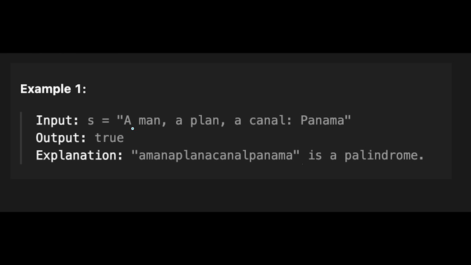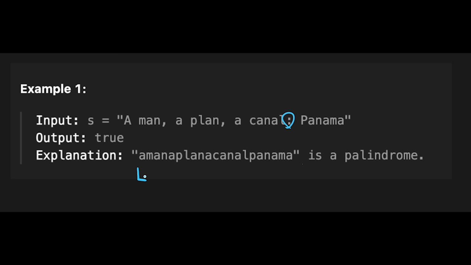When we change the string into a new string, we eliminate spaces and symbols like this. We only take lowercase and uppercase letters and numbers, so that we can create this kind of new string. And after that, all we have to do is just use two pointers.